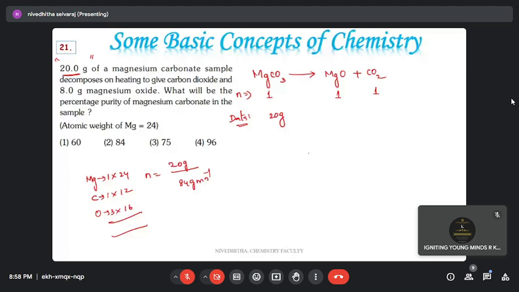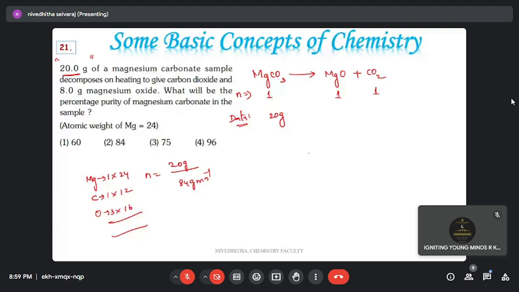What is the number of moles? 20 divided by 84. Approximately it is 0.23 mole. Okay.